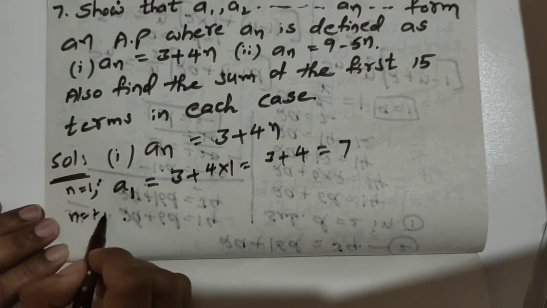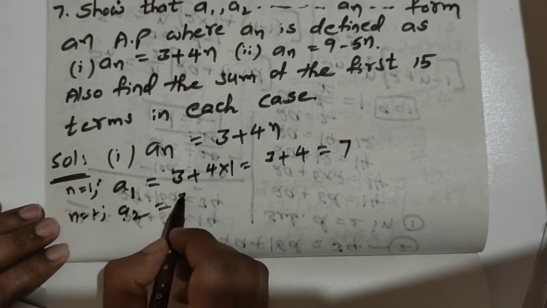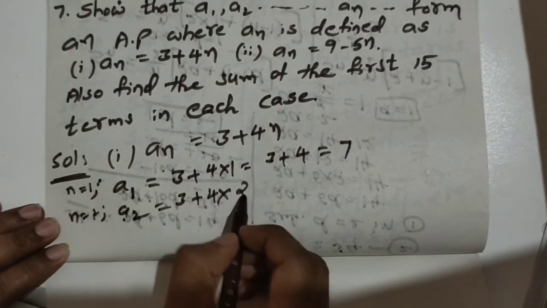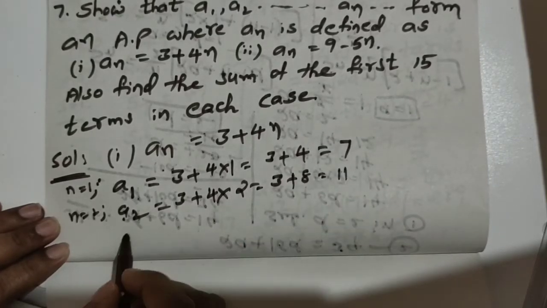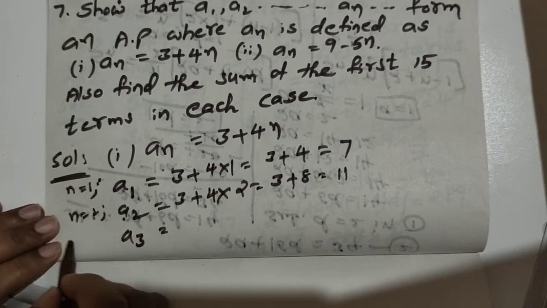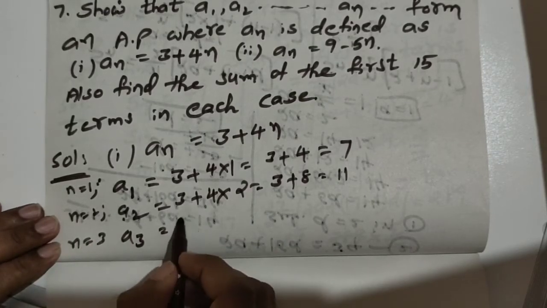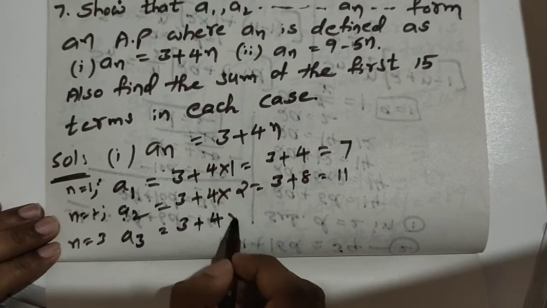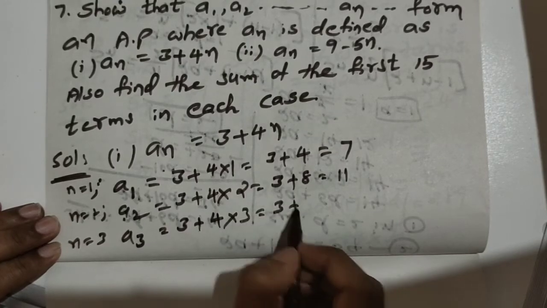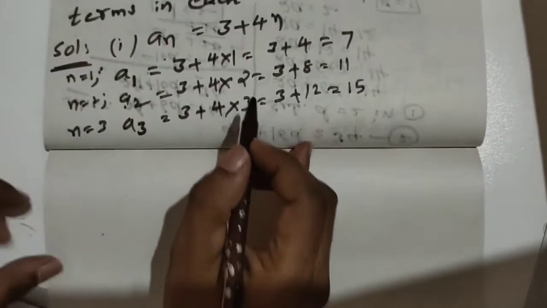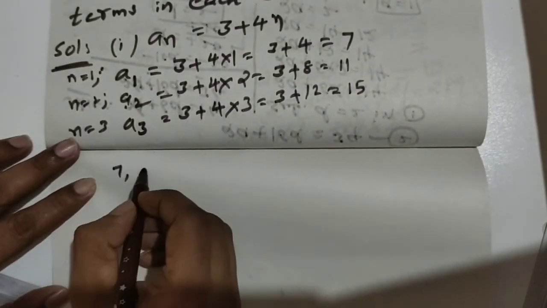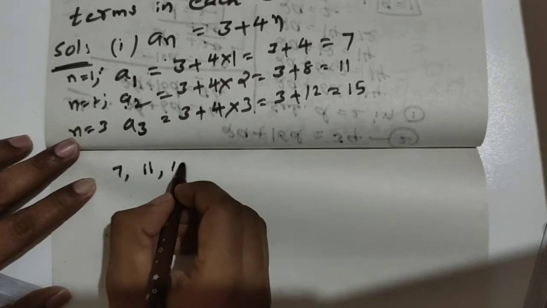For n is equal to 2, A2 is equal to 3 plus 4 into 2, 3 plus 8, 11. For n is equal to 3, A3 is equal to 3 plus 4 into 3, that is 3 plus 12, 15. So we write the list here: 7, 11, 15.